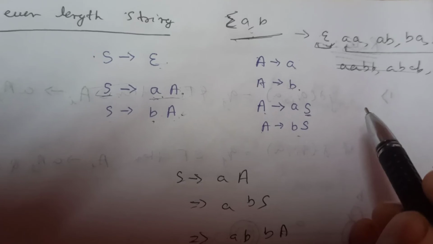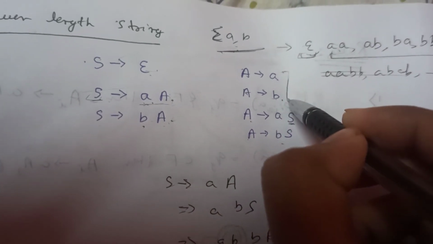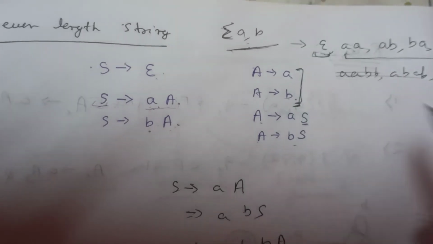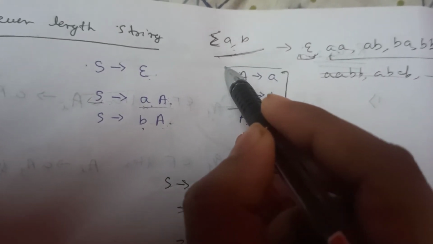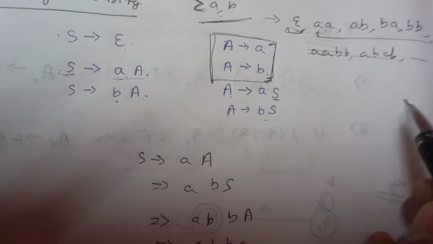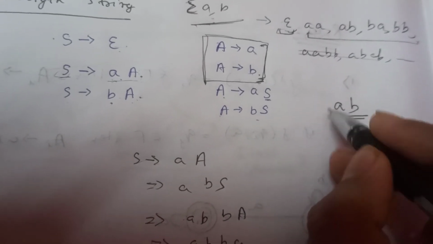Now see, these 2 particular production rules are not even needed here. Okay, I have just written this to clarify to you. So even if we don't use these particular rules, we can still make our grammar. So if the string we want to make is suppose AB, how to make it?